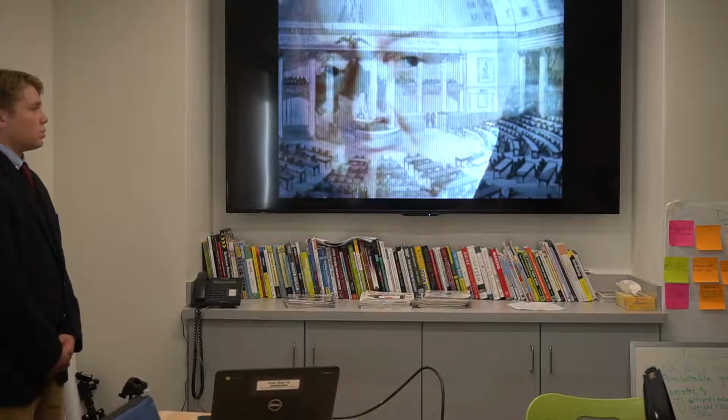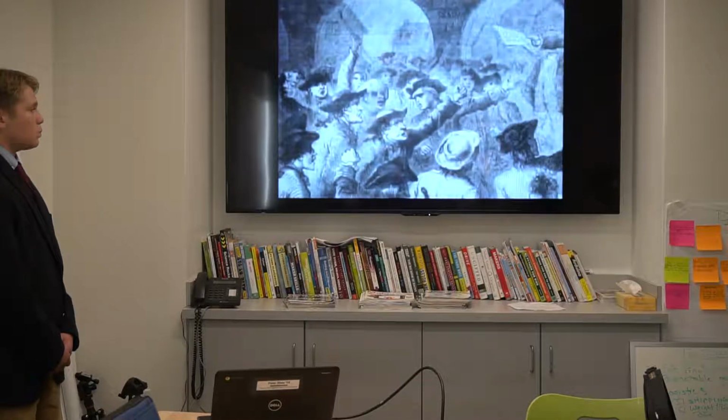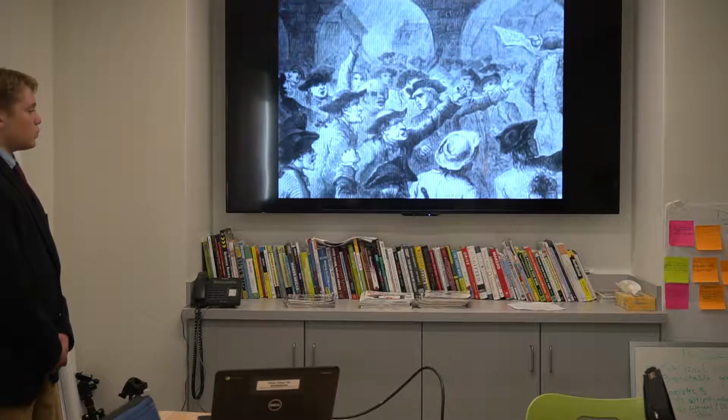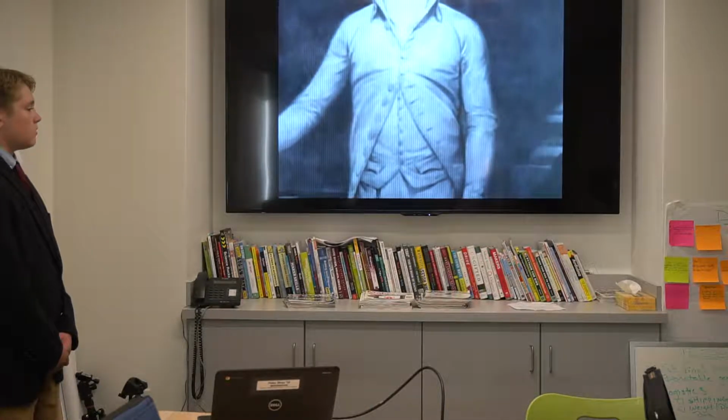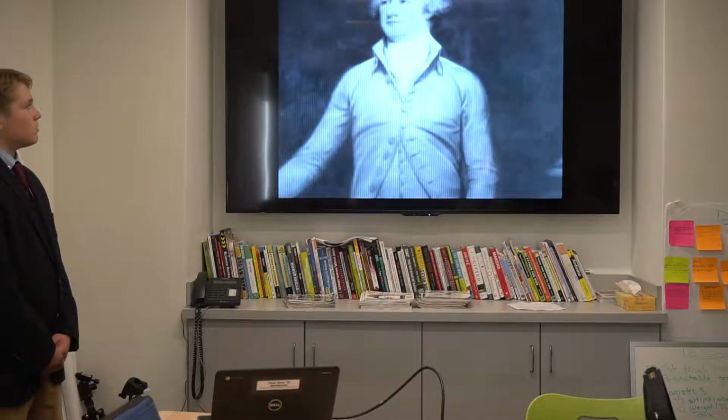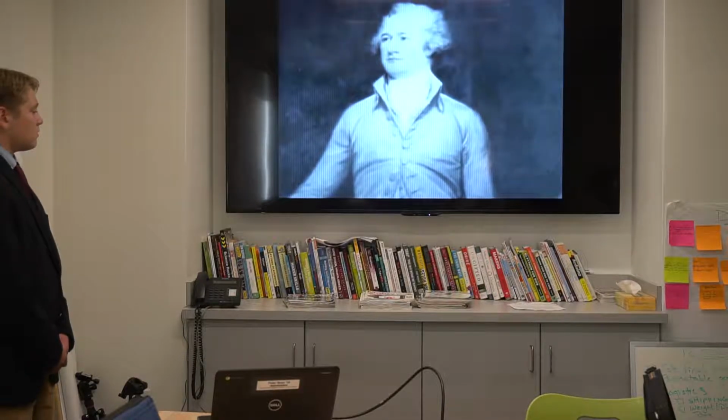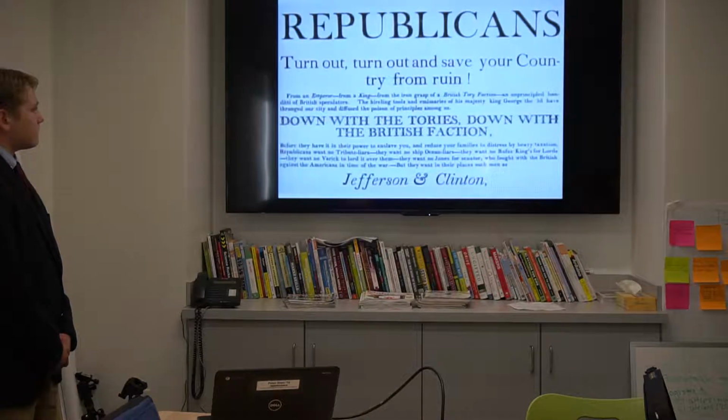The majority of the American public so roundly hated the Alien and Sedition Acts that they turned the Federalists out of office by electing Thomas Jefferson in 1800. The new Republican government, led by Jefferson, repealed the Alien Acts and allowed the Sedition Act to expire, ending a dark era in American history.